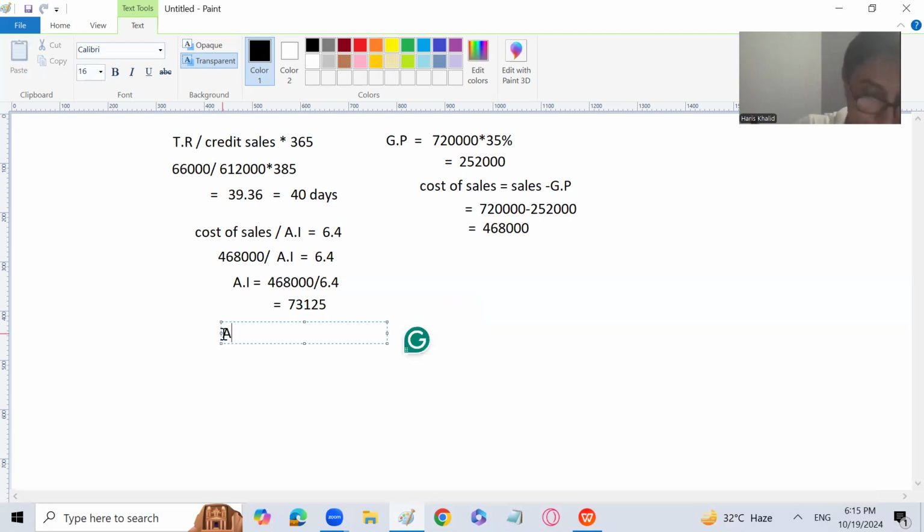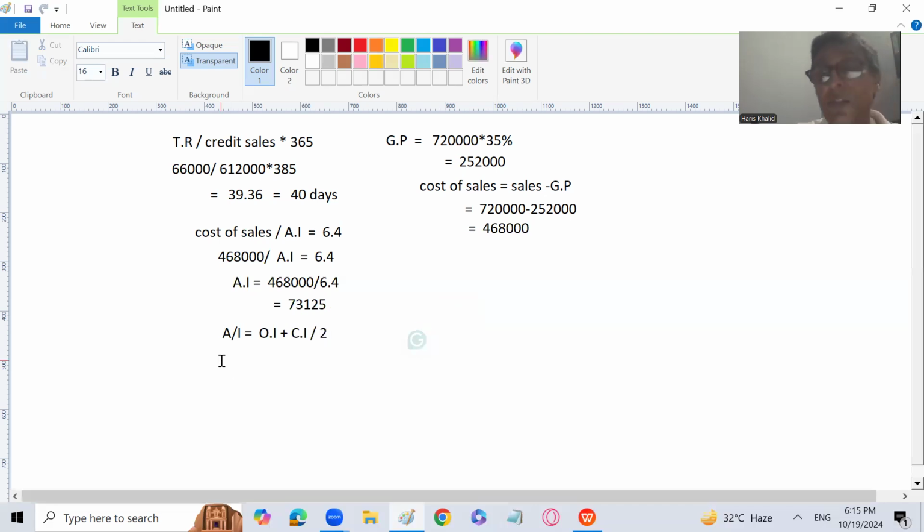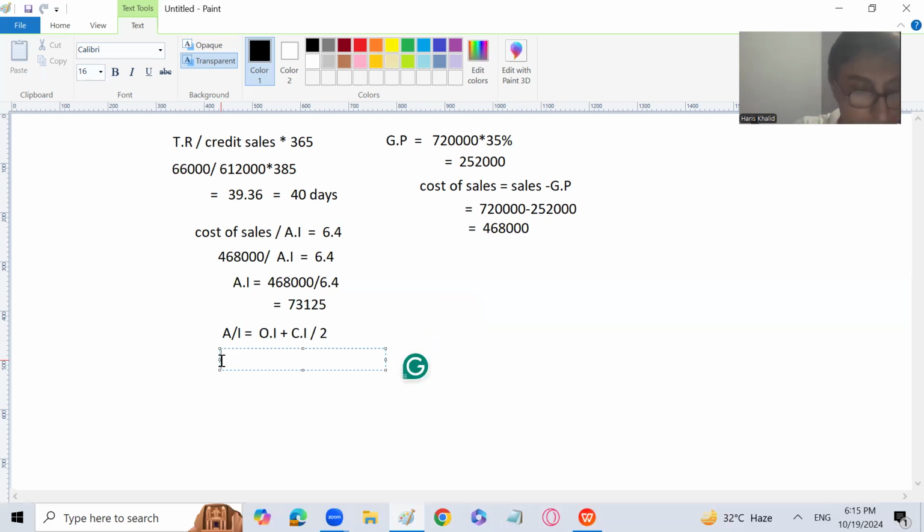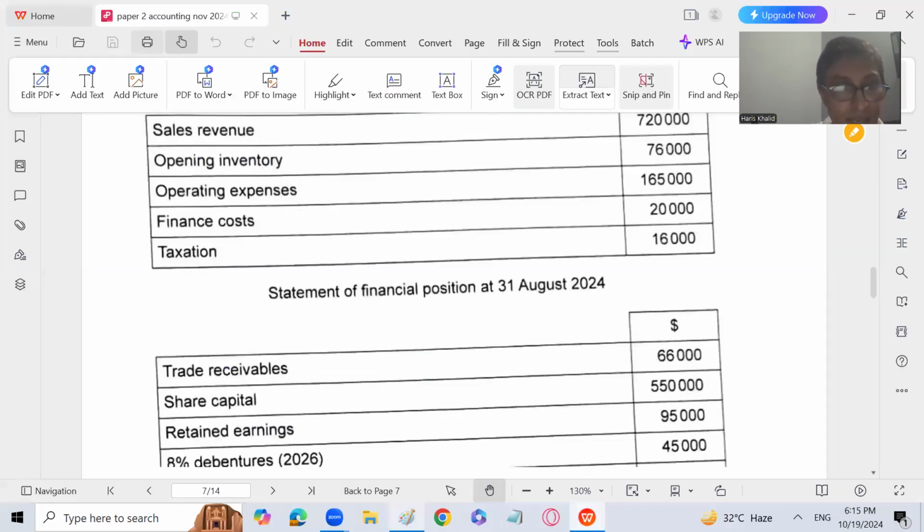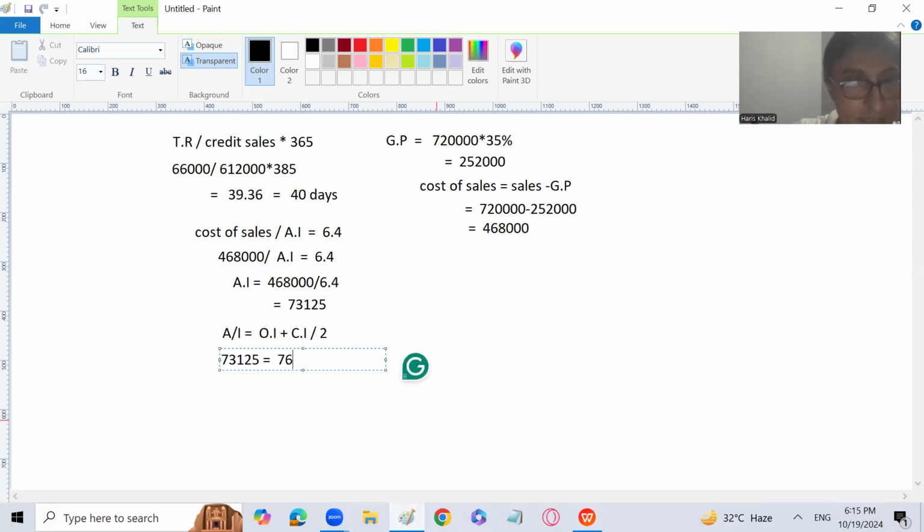Now we know that average inventory is equal to opening inventory plus closing inventory divided by 2, because we need to find the closing inventory, which is not given, which is the requirement actually. So 73125 is equal to, let's see what the opening inventory is. Opening inventory is 76,000. So I will write 76,000 plus closing inventory, which we don't know, divided by 2.